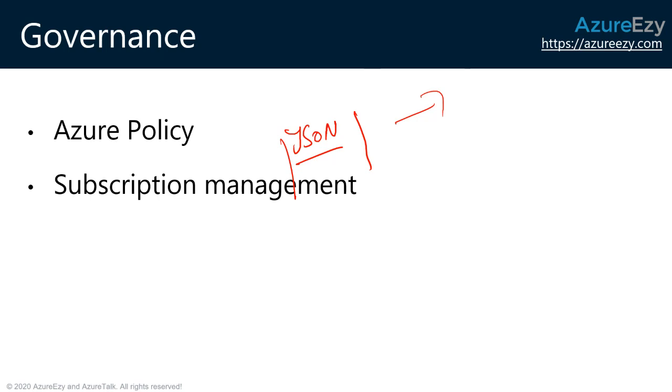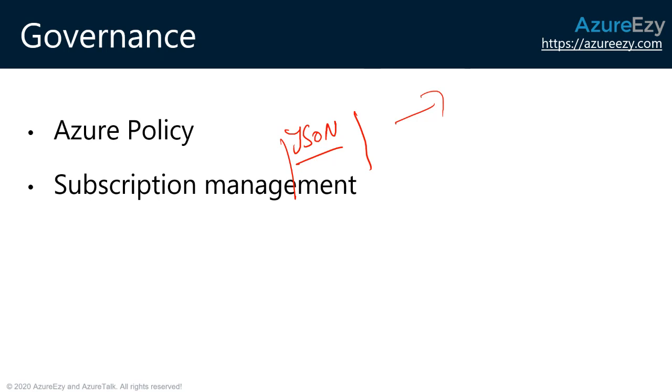You can define the Azure policy at the subscription level, so that anything that happens in that subscription is validated against the policy defined at the management level, the subscription level.